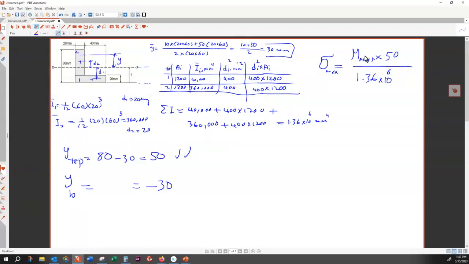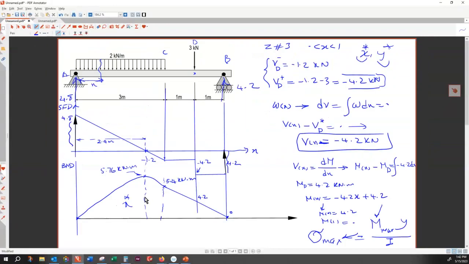If M is in Newton millimeter, then the result would be in megapascal. So in other words, y top is equal to y star. Remember, we're looking for sigma max, which is sigma at x star and y star. X star was here, where the bending moment is maximum.